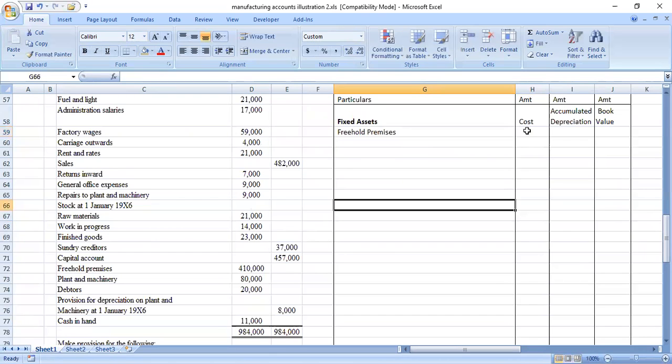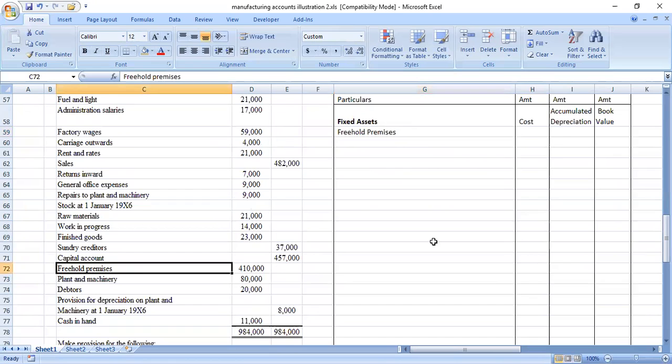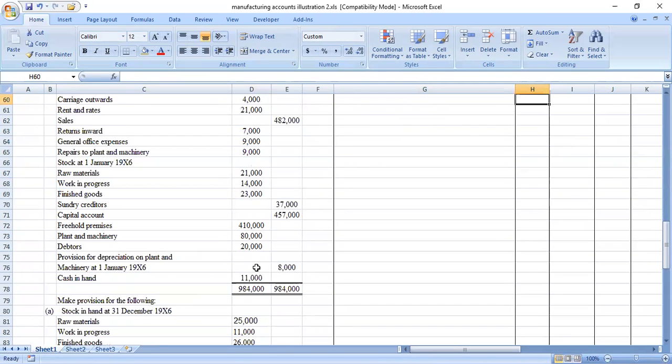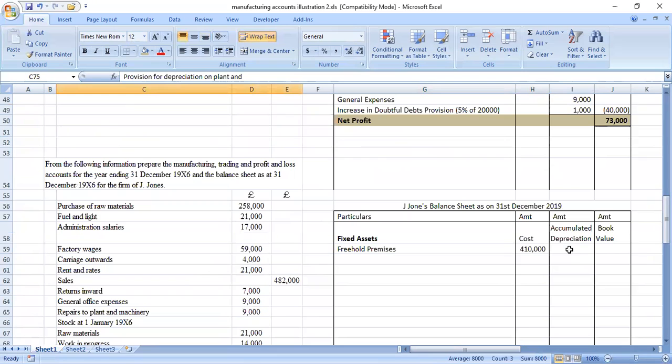So freehold premises, its cost is given as 410,000 shillings. Haina depreciation. So no depreciation. So its book value is hence 410,000 shillings.